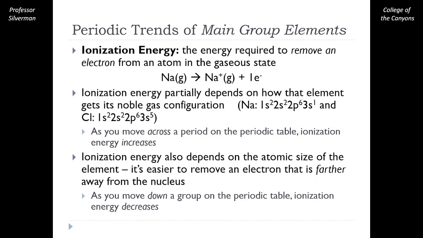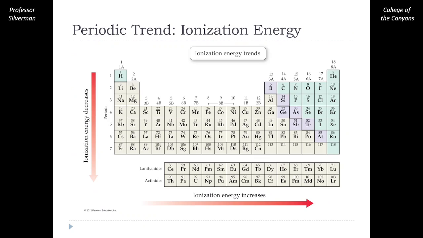Electrons that are close to the nucleus are held tightly and don't want to leave. Alternatively, if electrons are far away from the nucleus, they're going to be easier to pluck away. Because of this, the highest ionization energy is going to be when you go to the right and when you go up.